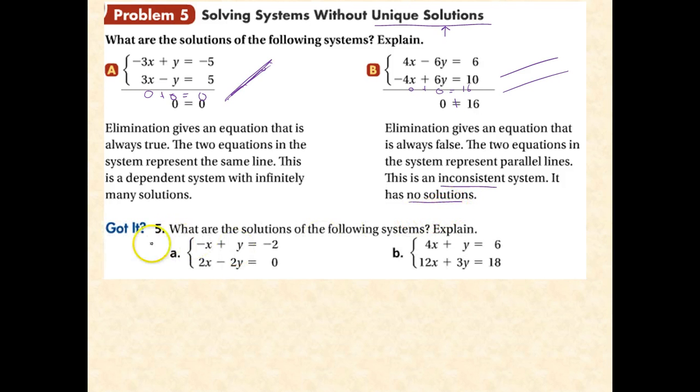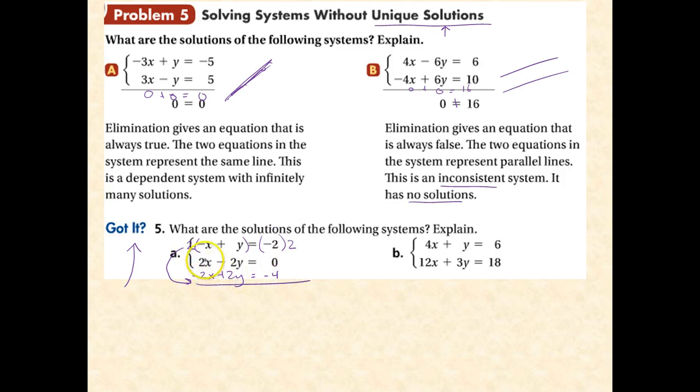So, pause it and see if you can figure out the solutions to these systems. Okey dokey. So let's see here. If I was to multiply both sides of this top equation by 2, I would get negative 2x plus 2y equals negative 4.